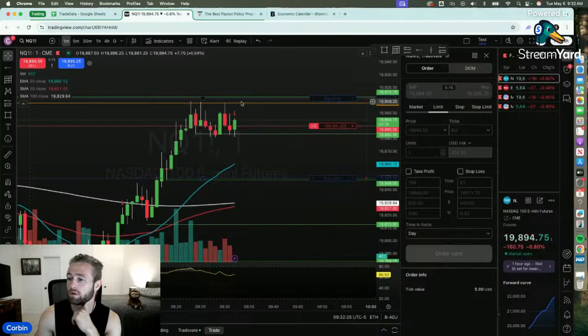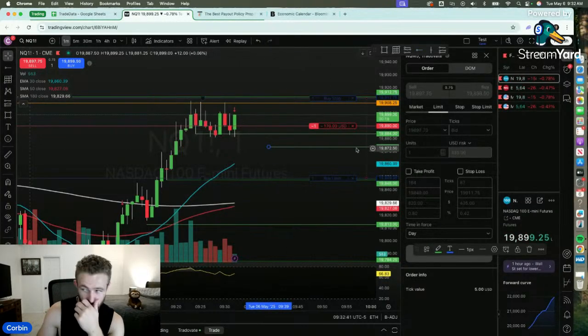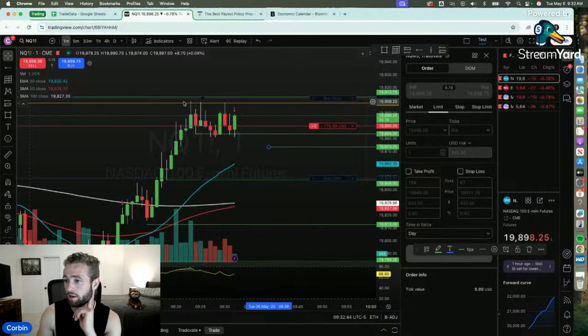I don't want to see a break below. Okay, so that was technically a low followed by a high. Low. Was it the same or was it lower? It was about the same. This is a risky one, I'm not going to lie, because it's tested this order block, breaker block.